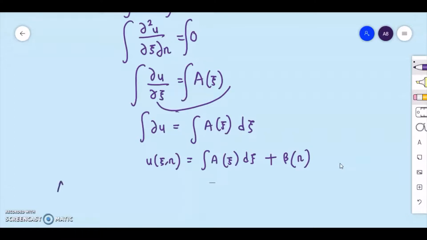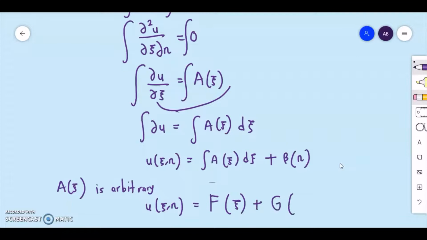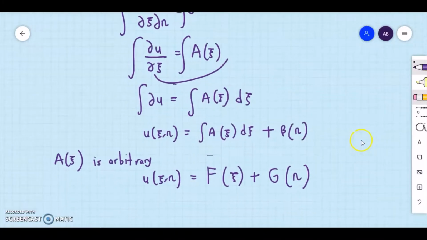So this a of psi is arbitrary, and we might write this one as a function f involving psi plus a function g involving eta. So in place of the integral of a of psi d psi, I'm going to write it in terms of f. So now that is step number 2.